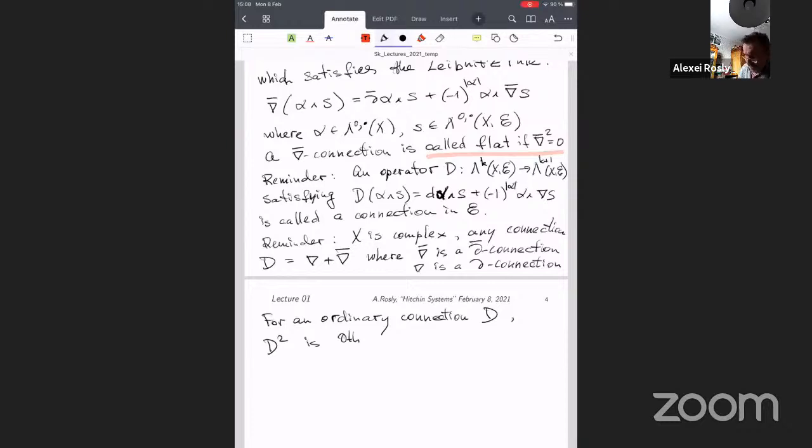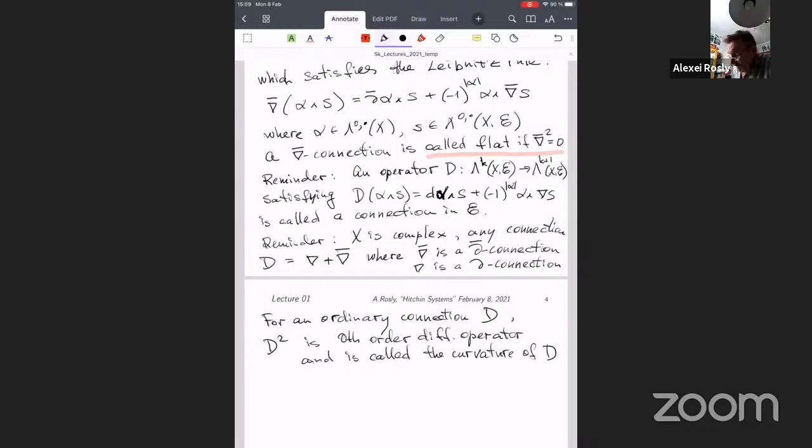So it's an endomorphism of a bundle, and it's called the curvature of the connection D. For the D-bar connection, we could have defined the notion of curvature too.